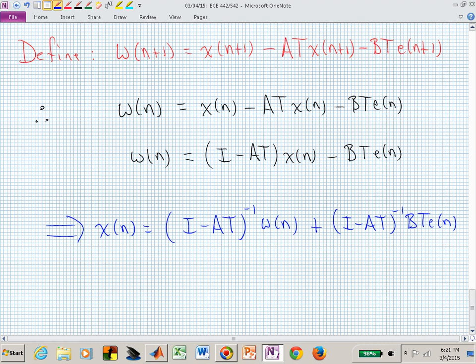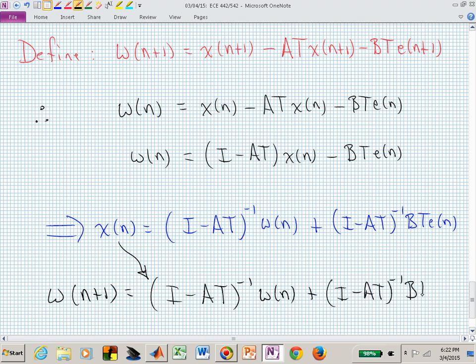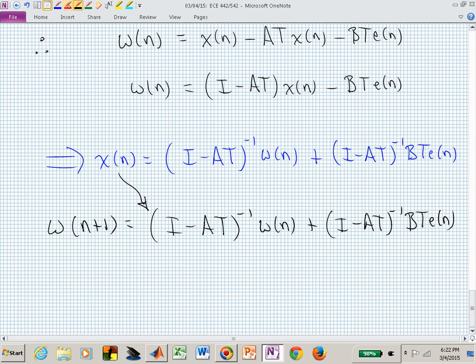Meaning, now we have a way of writing w of n plus 1 is equal to x of n, which is I minus AT inverse w of n plus I minus AT inverse BT e of n, and voila. What we have done is this is our phi.